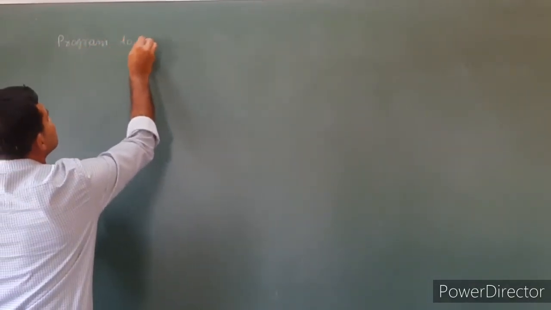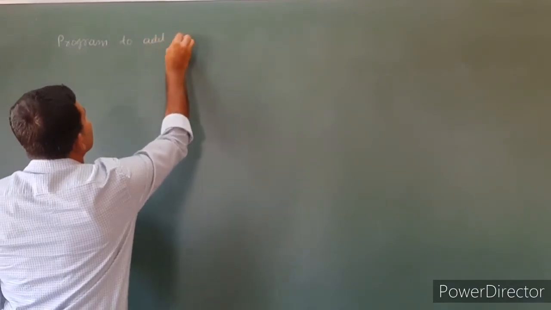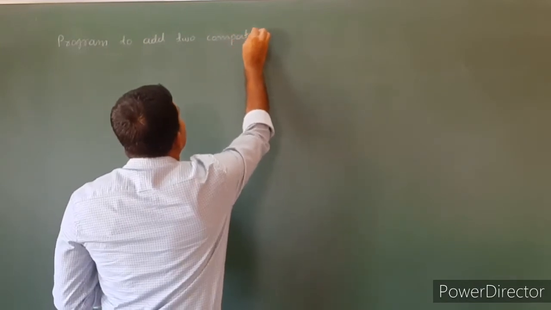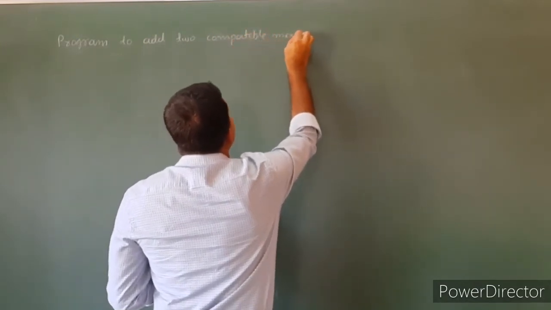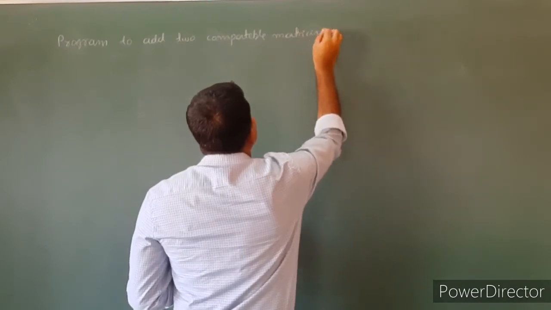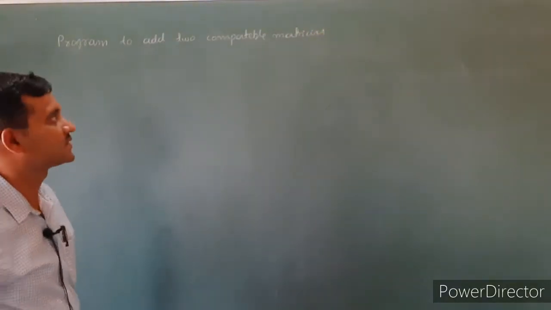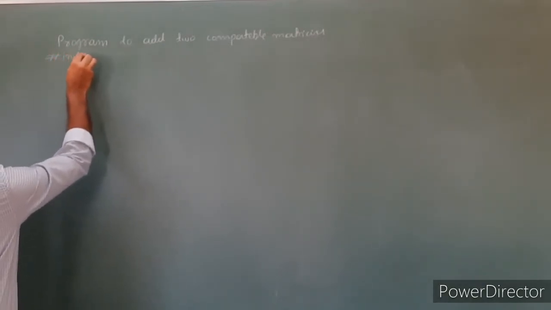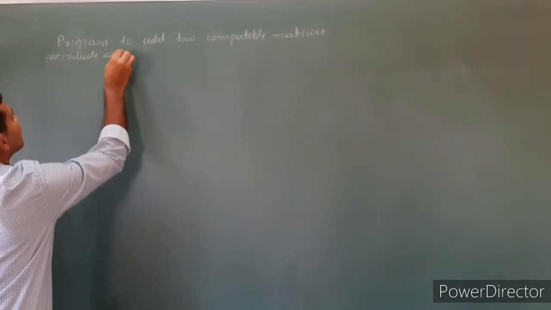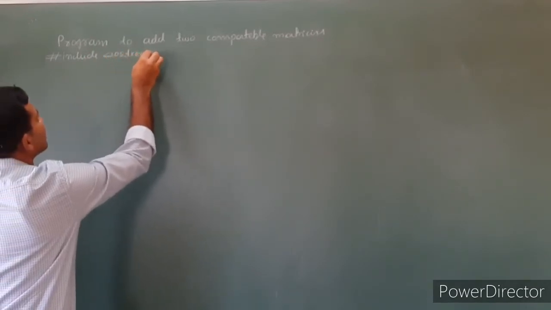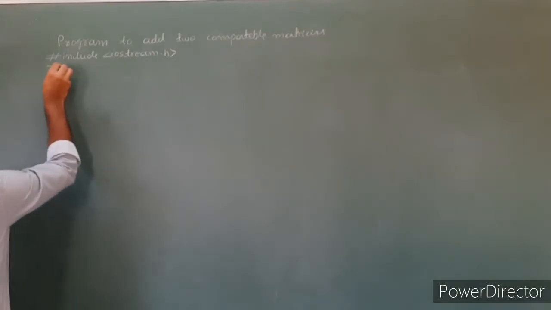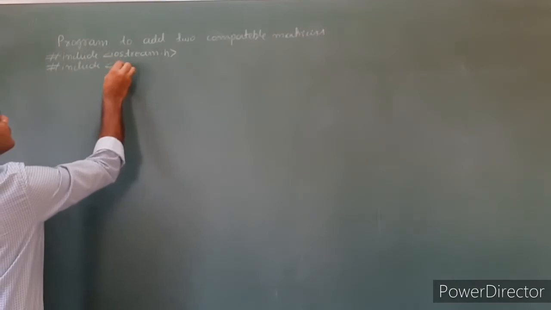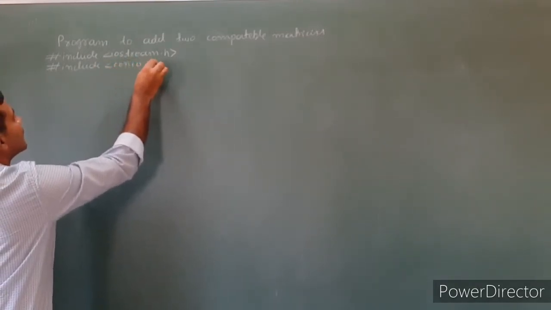Program to add two compatible matrices. For that, first write the preprocessor statements: iostream.h, conio.h.